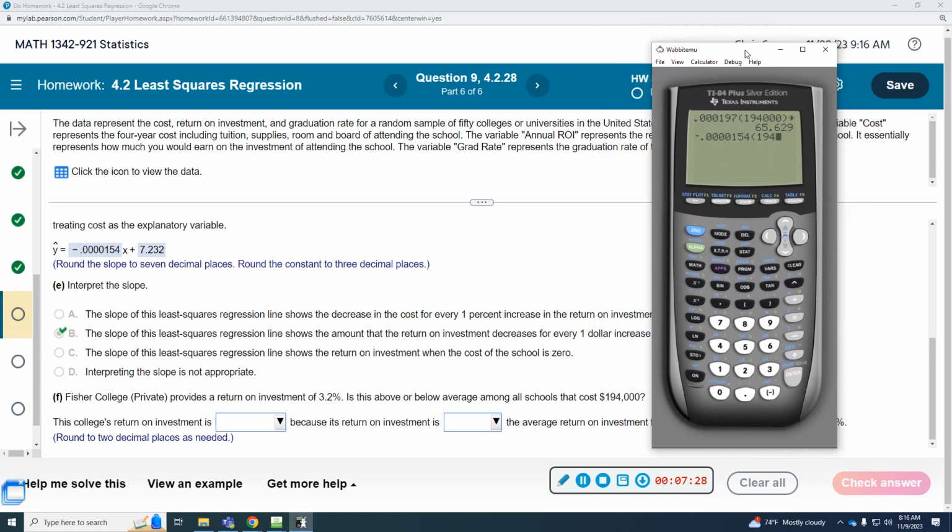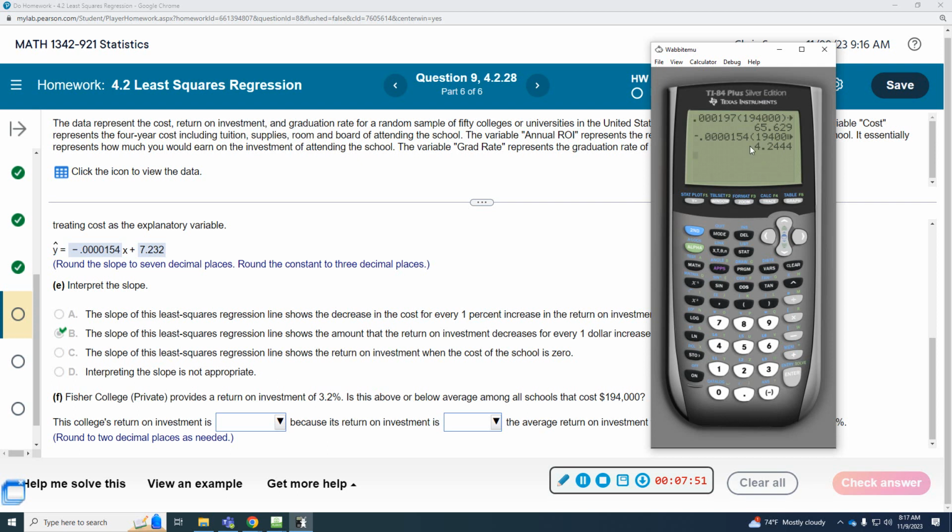Got that same value, yes. And then we're going to add our 7.232, and so we get return on investment as 4.2. They want us to round to 2 decimal places, so we're looking at 4.24.